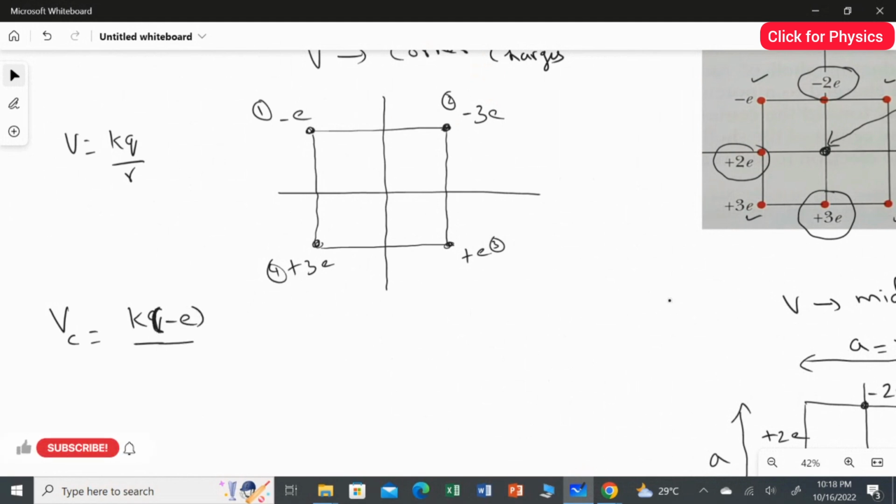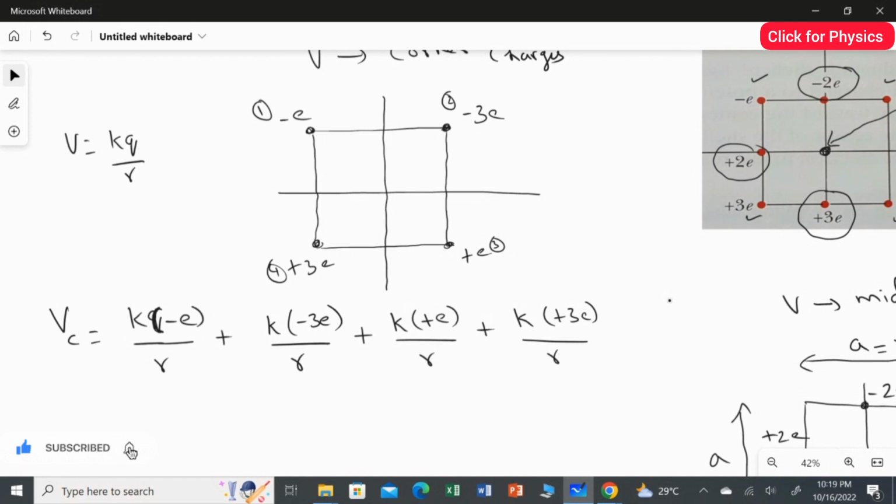Minus E over R, plus the second charge, K Q here is minus 3E over R, and the third charge, plus K times E over R, plus K times the third charge, which is plus 3E over R.